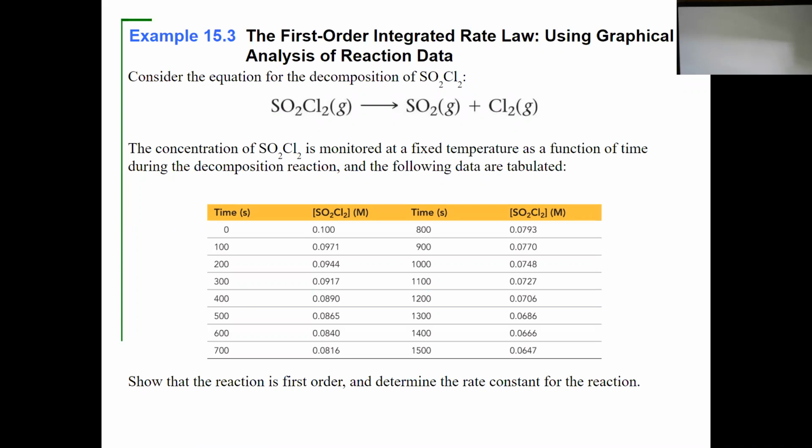You can look at the varying concentrations and try to work out the relationship between them like we were doing in the last one. And that might be what I end up doing here, because it's something I can show you on the board. But the other thing that you can do is you can set up a graph for yourself.